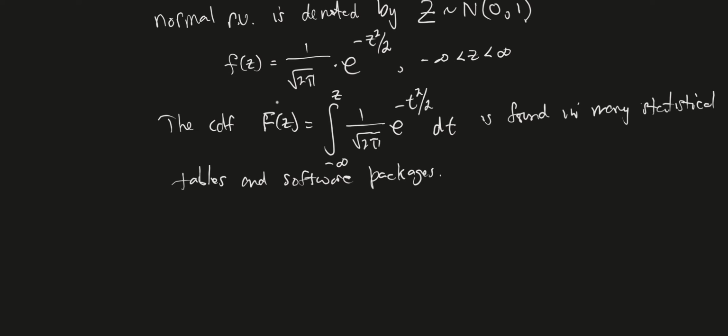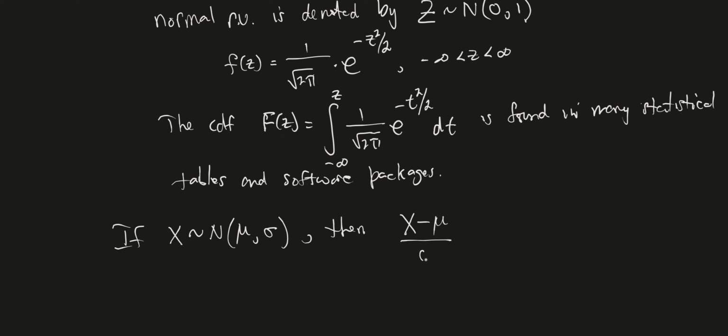So if x is a normal random variable with parameters mu and sigma, then if I take my random variable x, subtract the mean and divide by the standard deviation, this actually becomes our standard normal distribution.